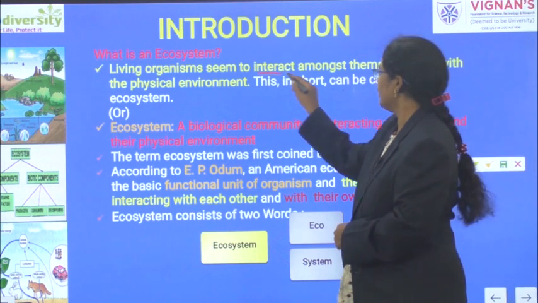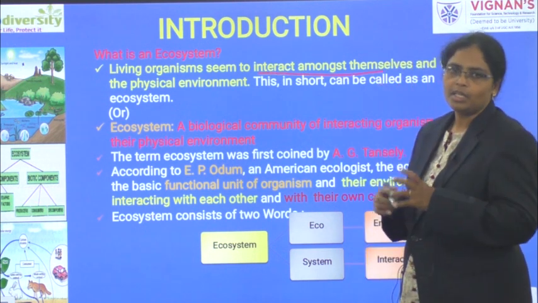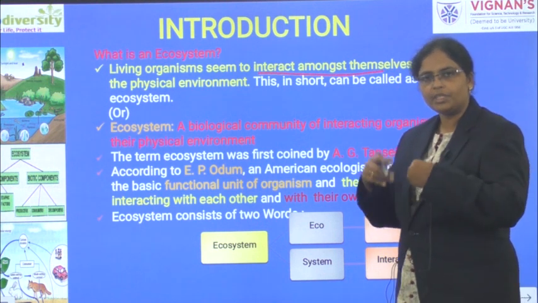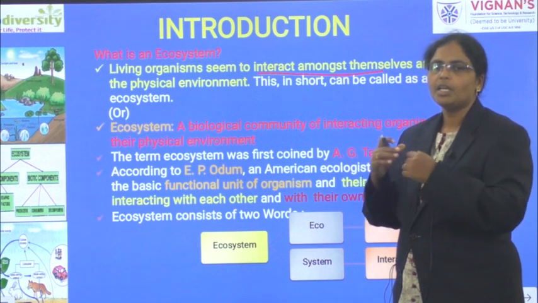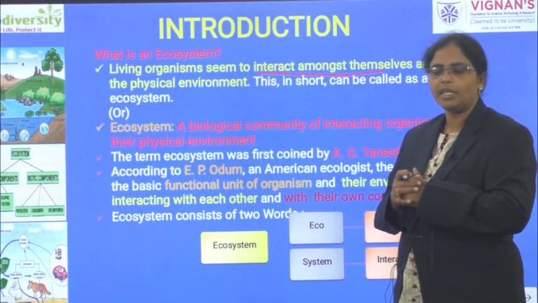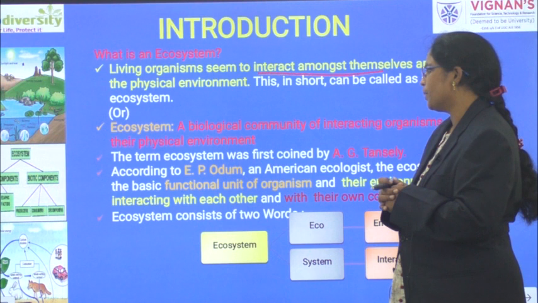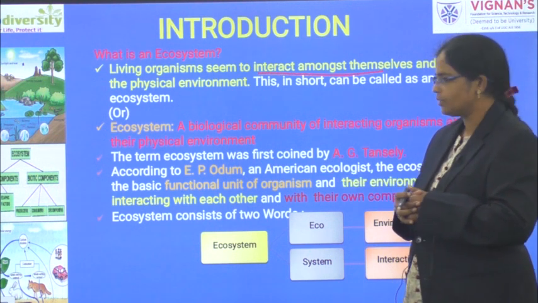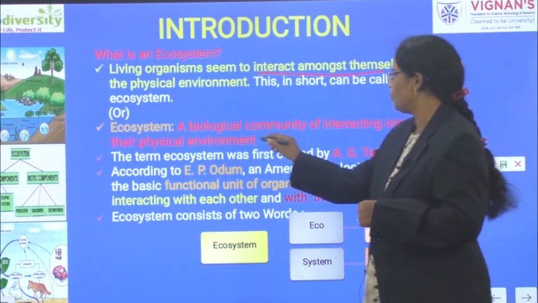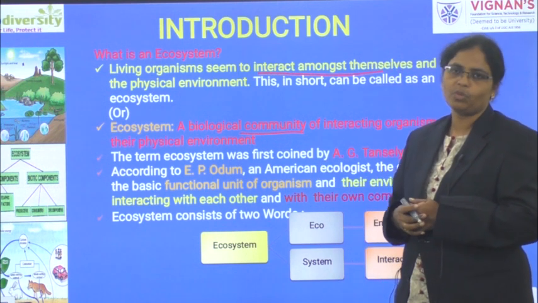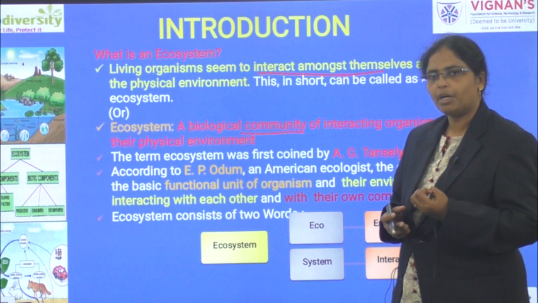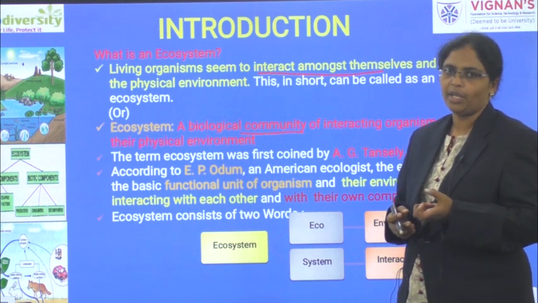So here, interaction among the living organisms, not only within the living organisms, these living organisms interact with the surrounding environment. Then it is called as ecosystem. And another definition for this is a biological community. Biological community is nothing but living organisms only, which are formed from plants, animals and microorganisms.